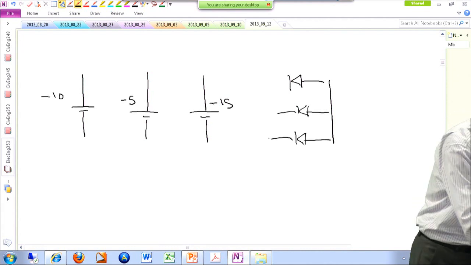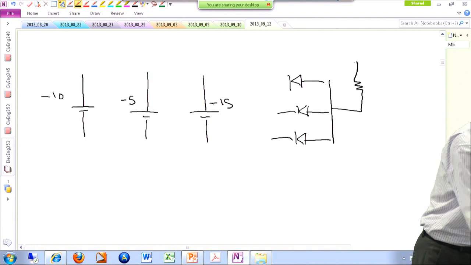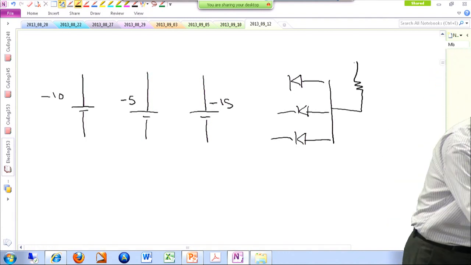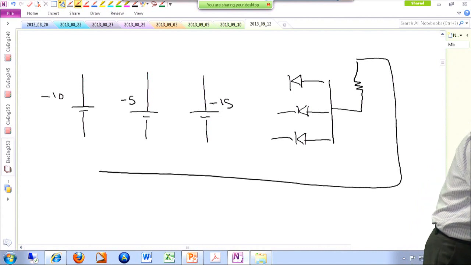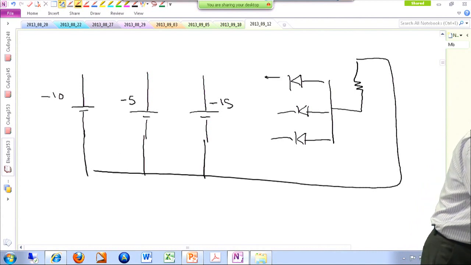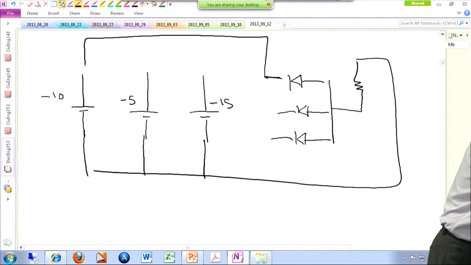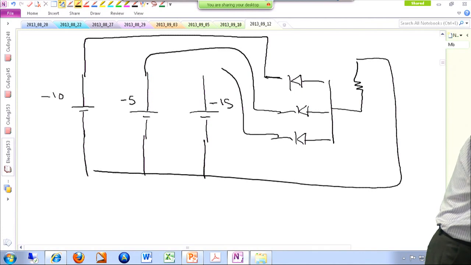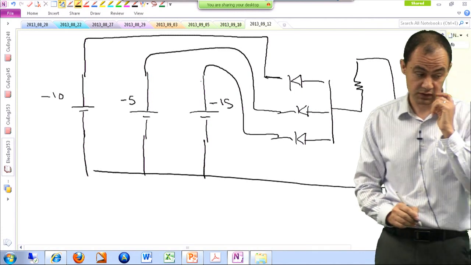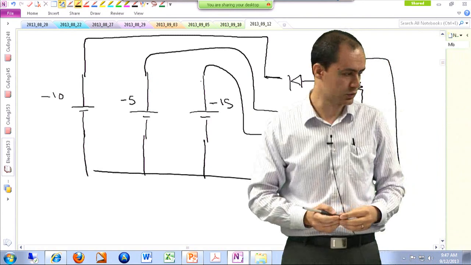All right, one side of the diode is connected to a resistor, and this is still connected here. And these diodes are connected to, let's take this all the way down to here. All right, let's say if you have a system like this, a little bit different than what I earlier drew.